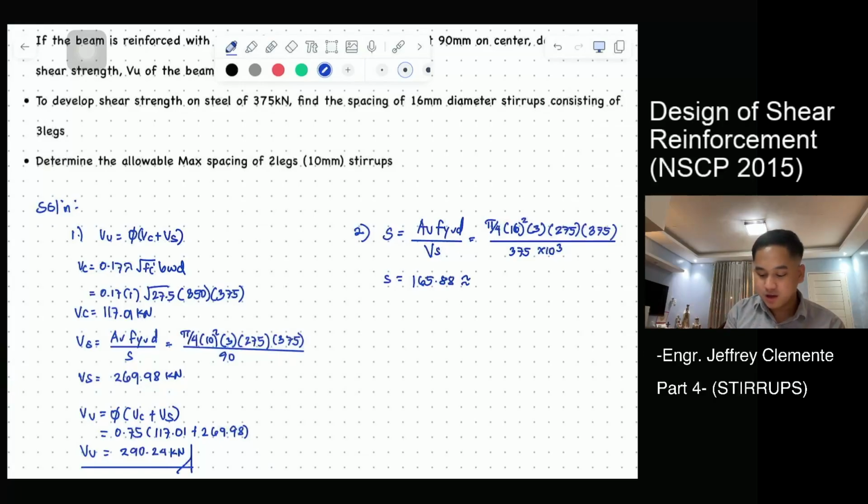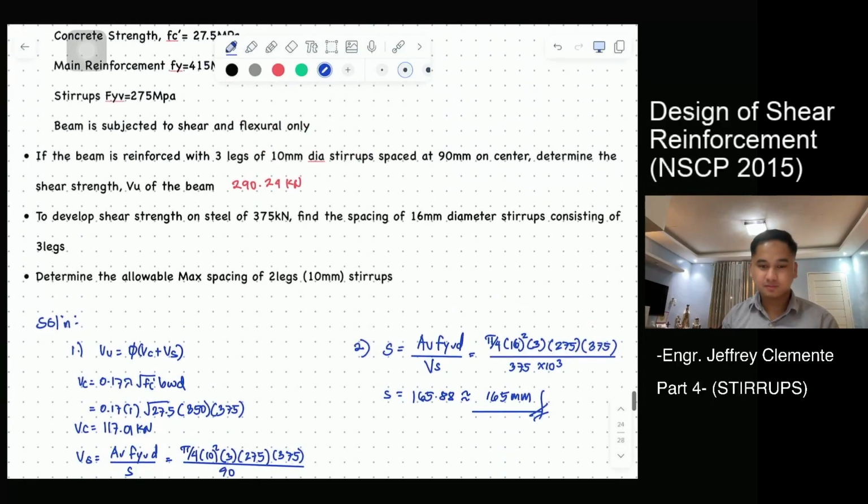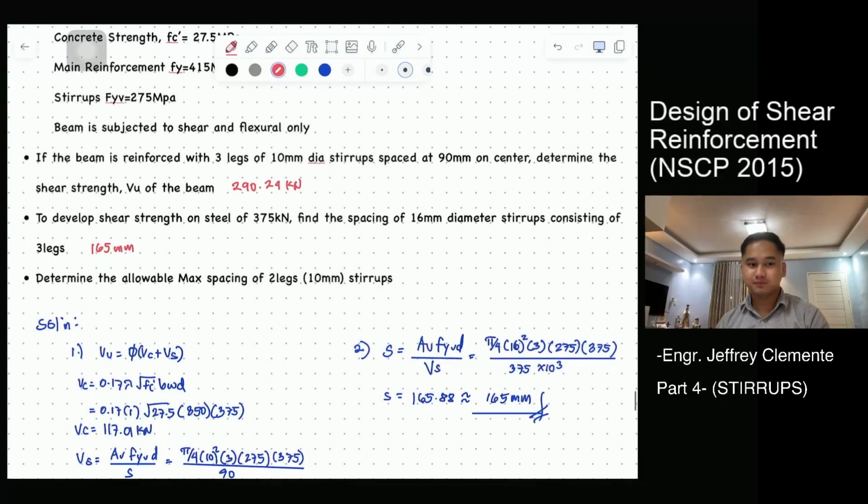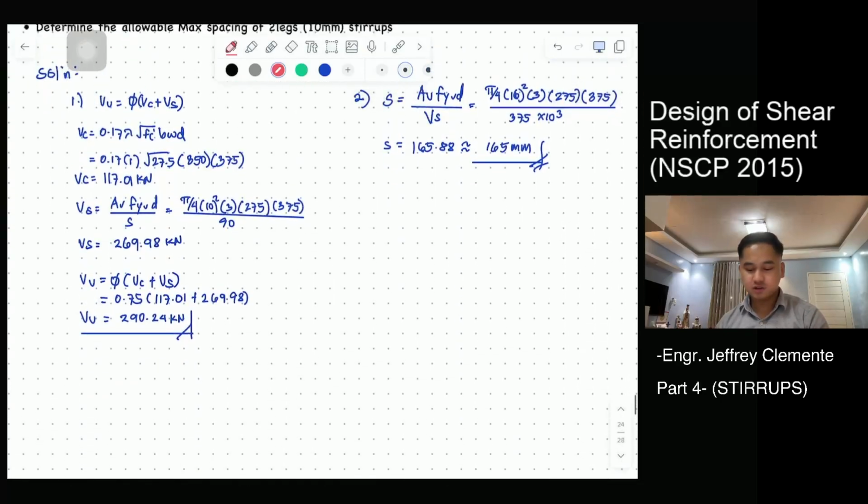Approximately, if increment of 5, the answer is 165 mm. That's the answer. Okay? Basic. So let's solve it. So that's it, 165. Medyo may hirap siya sa una, pero if you get the introduction, yung first part, doon lang siya umiikot. Paulit lang siya doon.